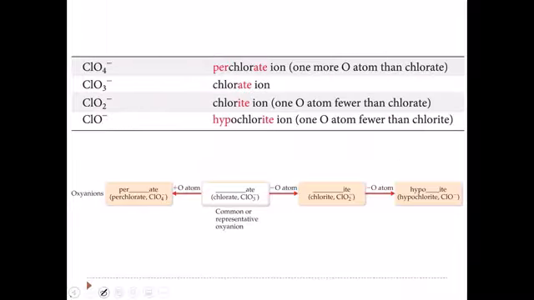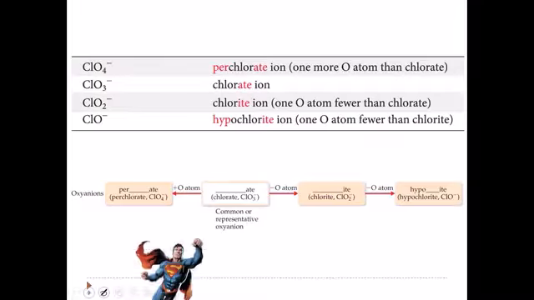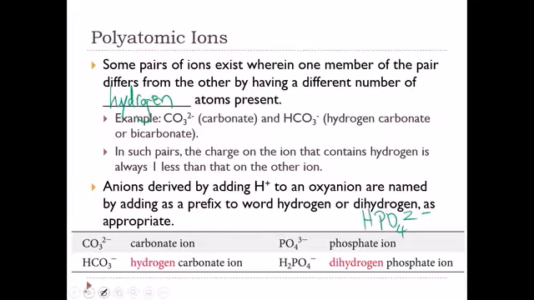So this is hydrogen phosphate or monohydrogen phosphate, and then this is dihydrogen phosphate, and then we also have phosphate. But notice 3 minus, 2 minus, negative 1. So the magnitude of the charge is less, or another way of thinking, it comes closer to 0.